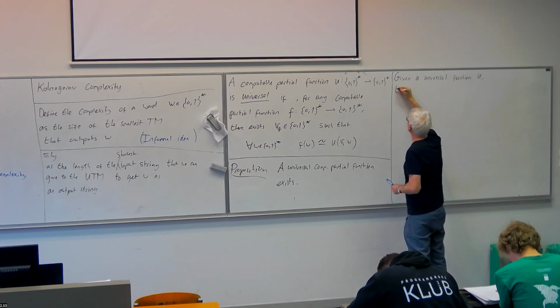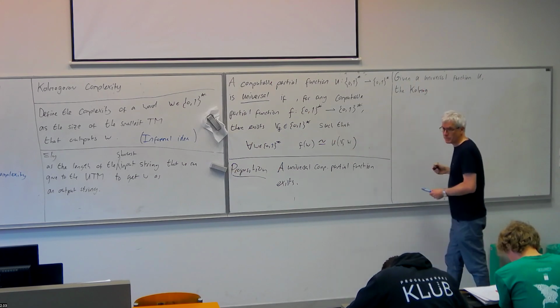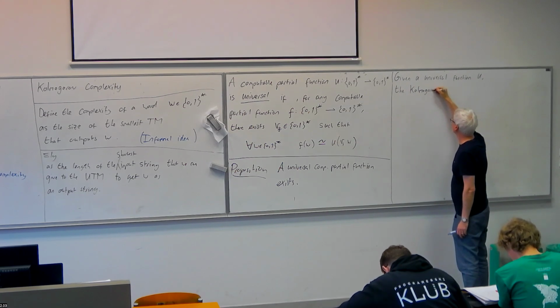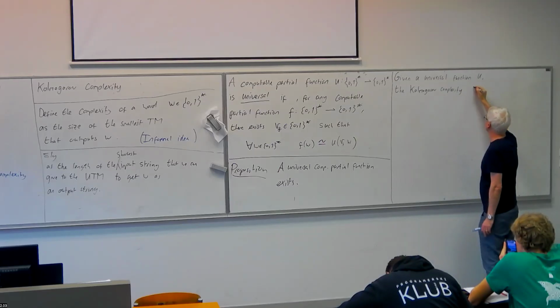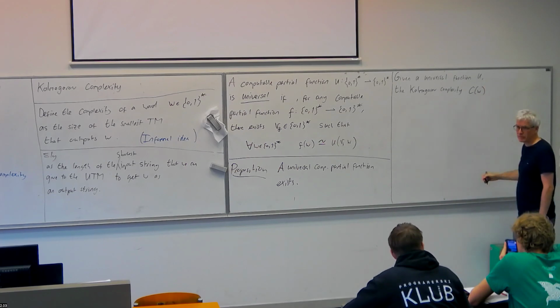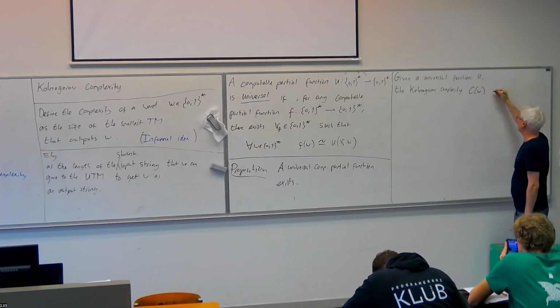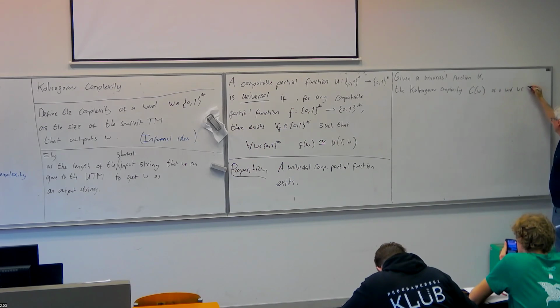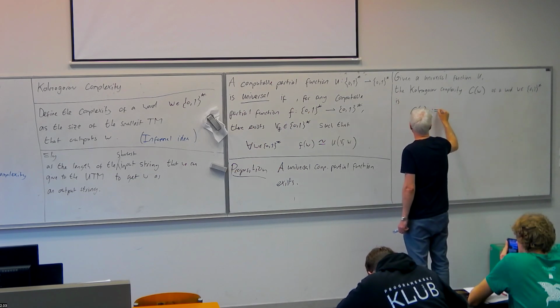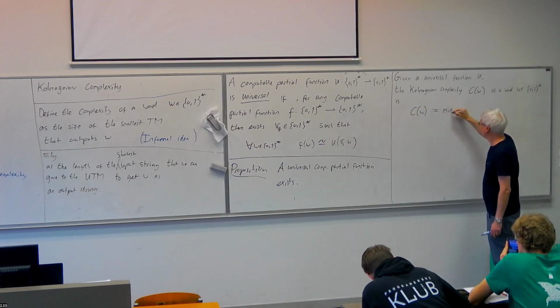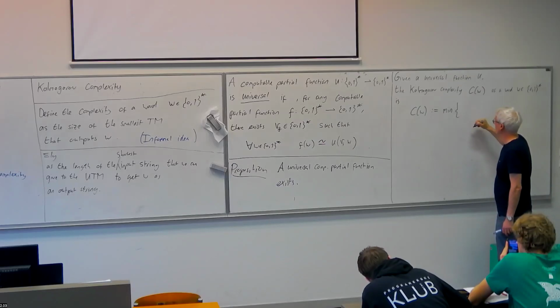the Kolmogorov complexity, sometimes called descriptive complexity, written C of W, the complexity of a binary word W, is simply the minimum over all.